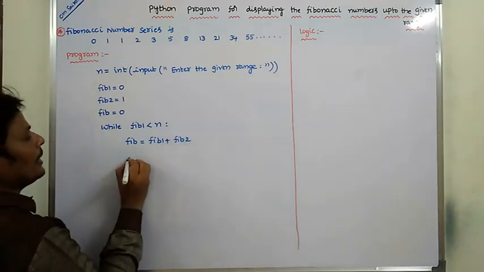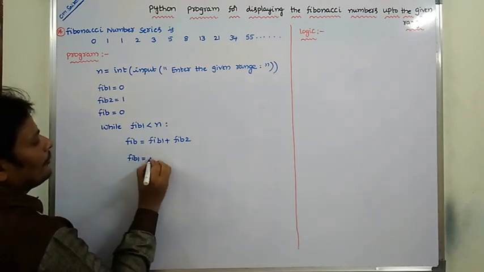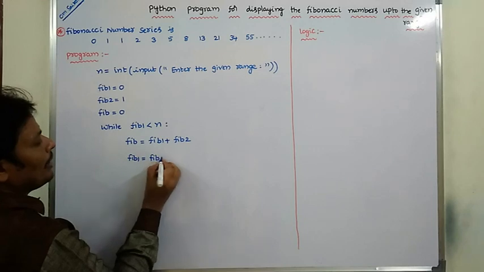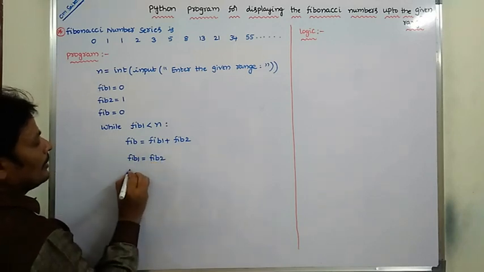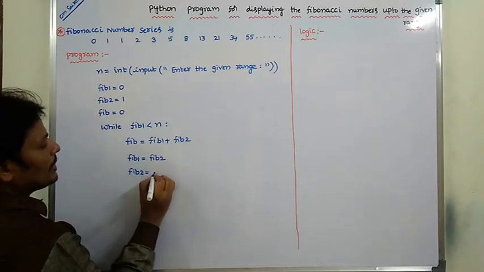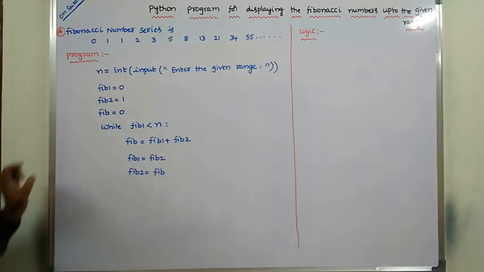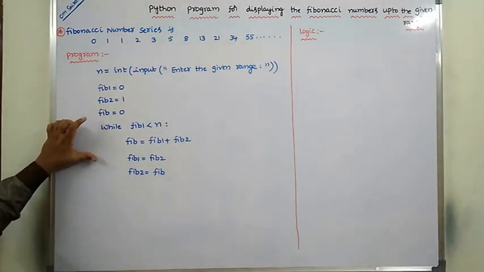Okay, next one, Fib1 is equal to Fib2. Next, Fib2 is equal to Fib. Okay, so this is the given program.